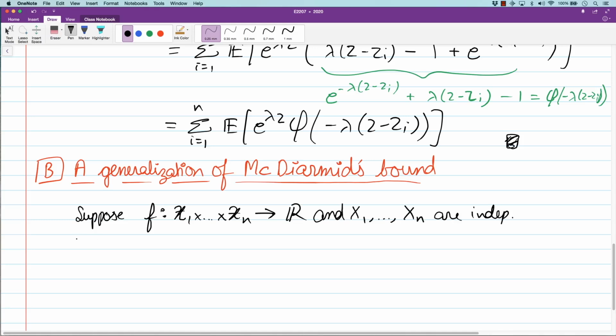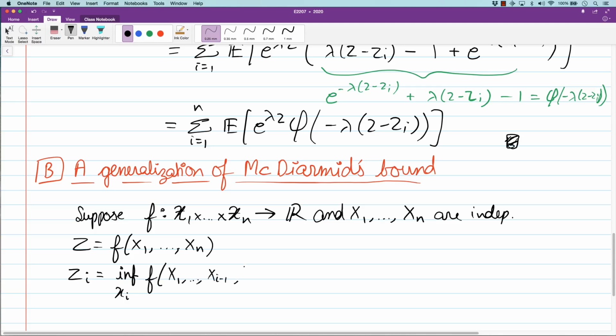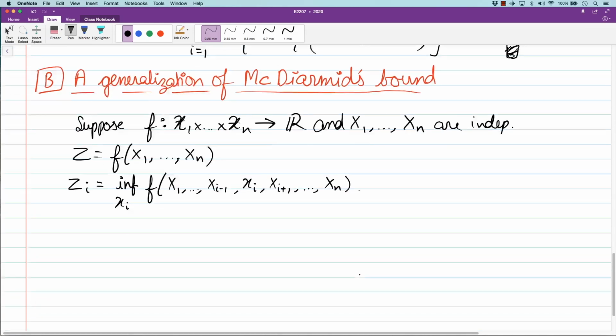Then we denote this random value of the function by z, and this zi can be any function of our choice. So we choose this to be the inf over xi of f of x1 to xi minus 1, xi plus 1 to xn. That's what this is.